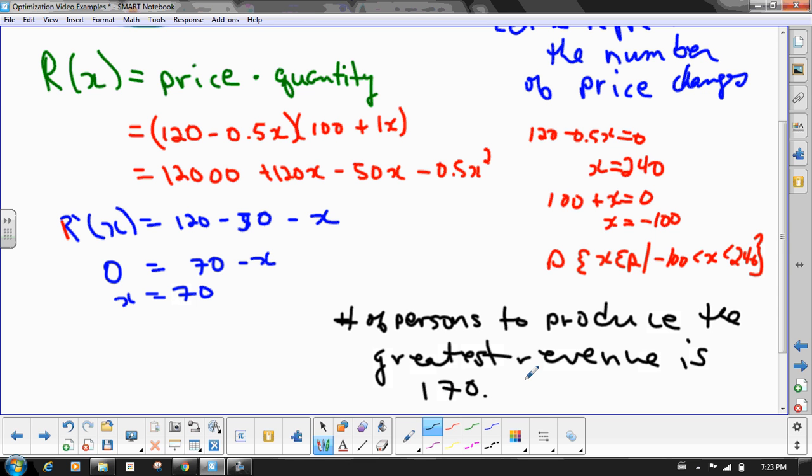You could have been asked to calculate the value of the greatest revenue. Or you could be asked, what is the price that optimizes the revenue? So there's a bunch of different ways that you can use the value 70 to come up with different answers. Okay, all right, our next example.